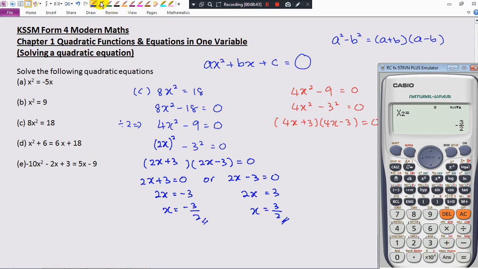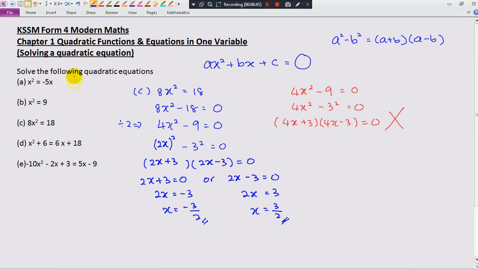Let me write down the answer first. X1 is equal to 3 over 2. X2 is equal to negative 3 over 2. How do we use this answer to help us write this step? First you put 2 brackets, then you write x, followed by the variable in the question. If the question is using y, you just write y.